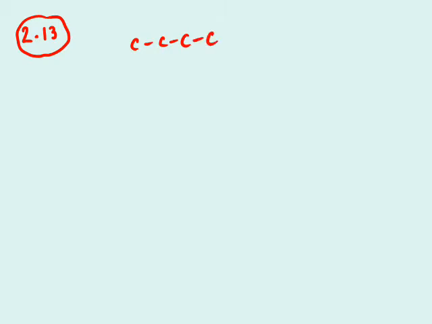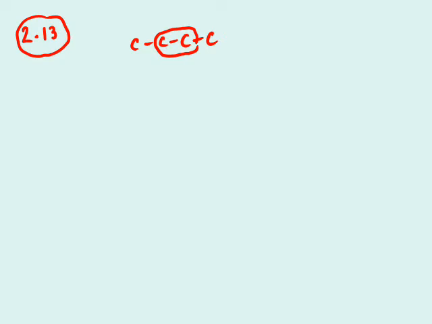Butane without the hydrogens. Again, we need to draw the Newman projection. So I'm going to consider these, and you need to draw, again, just like before, most stable as well as least stable conformations.